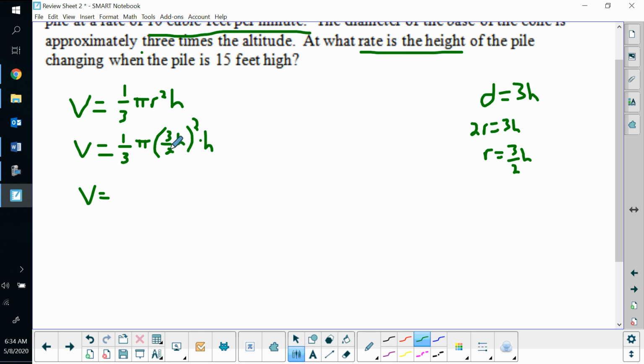So if we square the 3/2, we'll get 9/4. And then 9/4 times 1/3 will give us 9/12, which reduces to 3/4. We'll have the pi, and then h squared times h will give us h cubed.